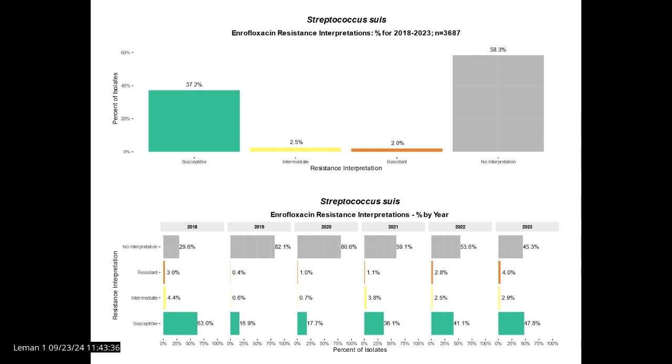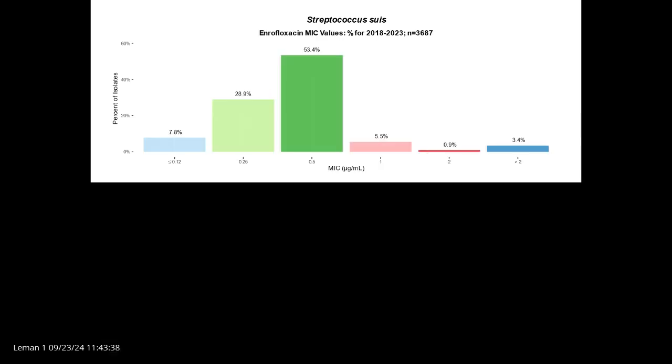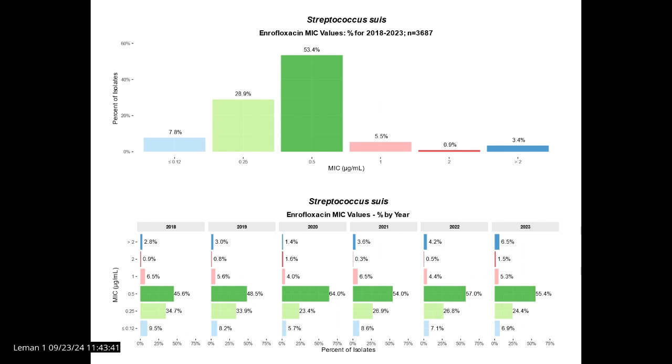Realize that that's taking a big chunk away. And so if we look at the MIC values over time, they have stayed fairly stable, with between 50 and 60% at this third dilution, and the vast majority being at that dilution or lower. So it doesn't look like enrofloxacin resistance is changing a whole lot in Strep suis.